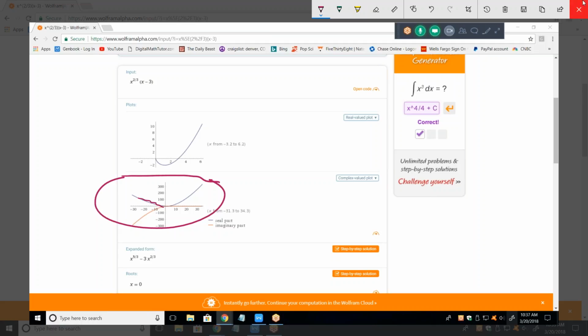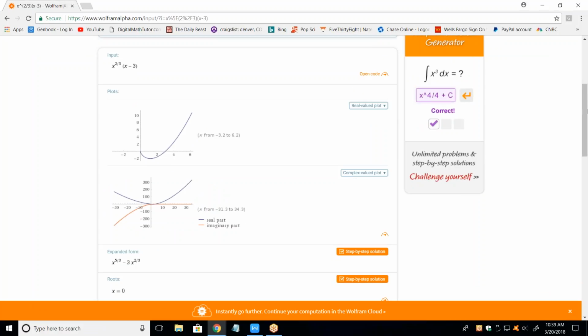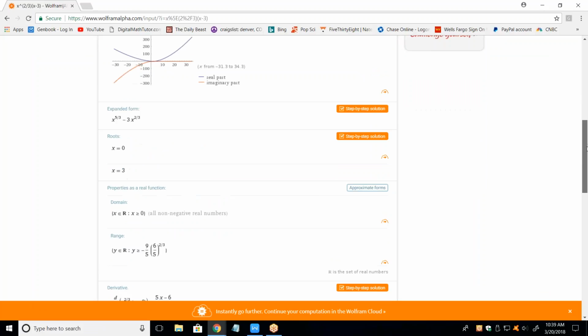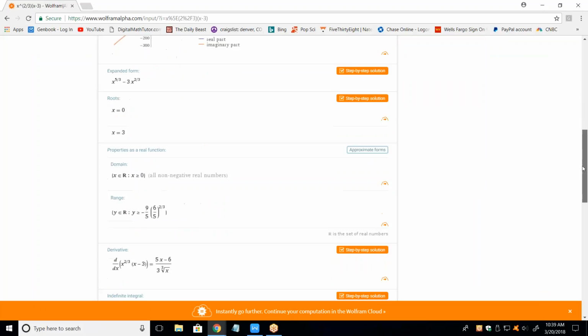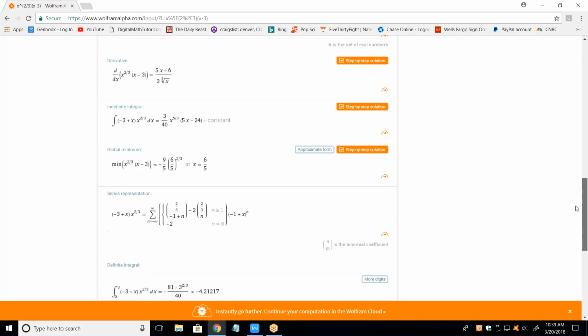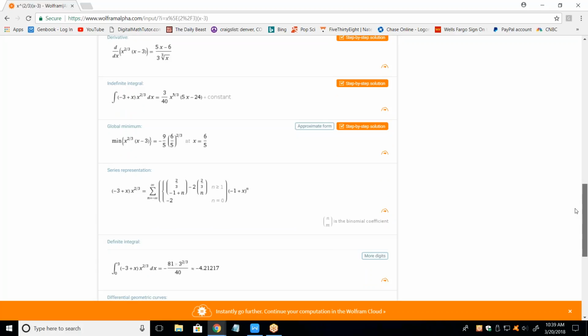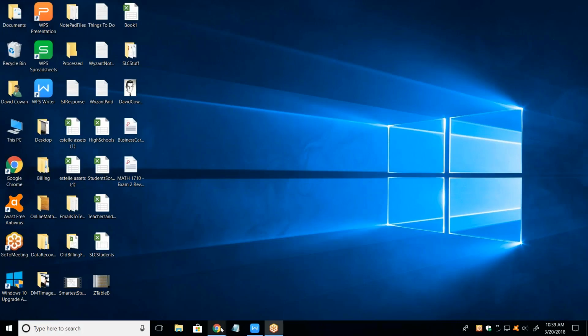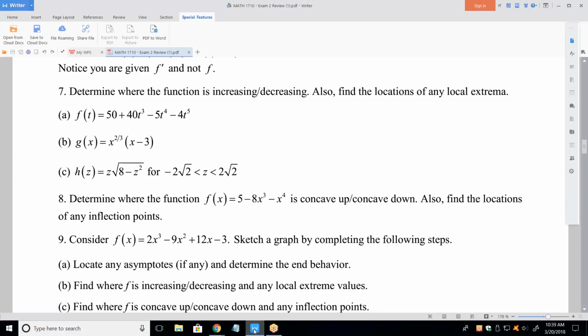I'm also a little puzzled as to, we must have just made a mistake. There's the roots, 0 and 3. There's a global minimum only. The only extrema is at 6/5. There is nothing going on at 0, which leads me to believe that I must have just made a mistake when I did all those calculations.